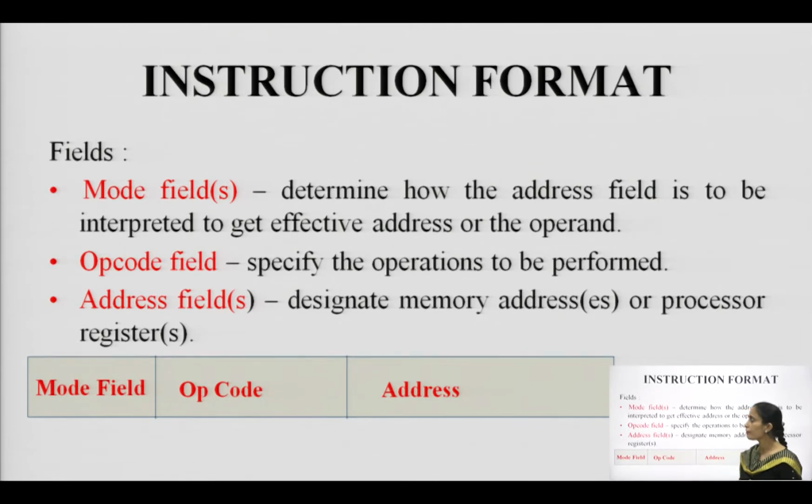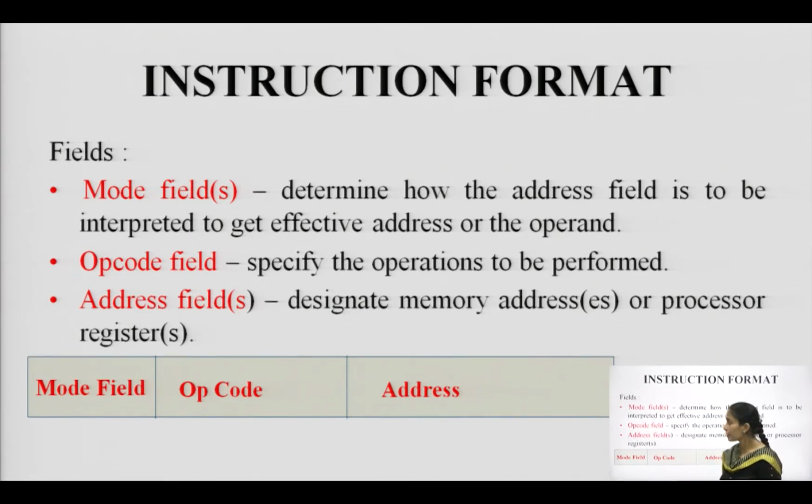To understand this instruction format, every computer basically falls in these types of CPU organization, in which every computer has a varying instruction field. The varying part here is the address.